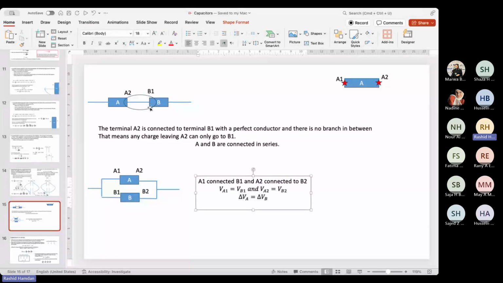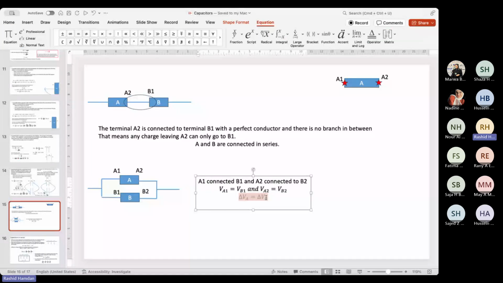Now in series, A2 and B1 are at the same voltage, but the difference across A from A1 to A2 is not necessarily the same as B1 to B2. But here we have to have this connection.